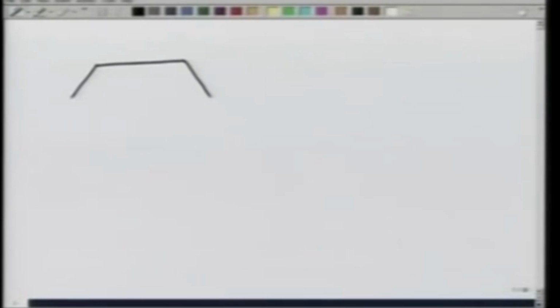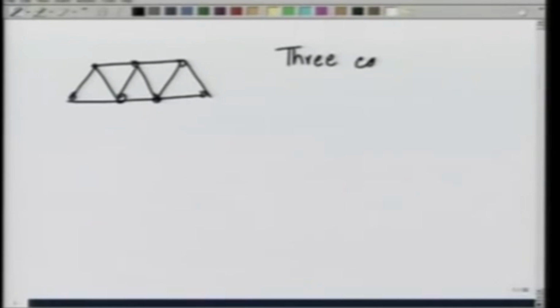So, if I take a truss which is externally statically determinate, that means it has 3 constraints from outside. 3 constraints could be in the form of 3 forces, 2 forces, 1 torque, or whatever. So, let us take 3 forces.